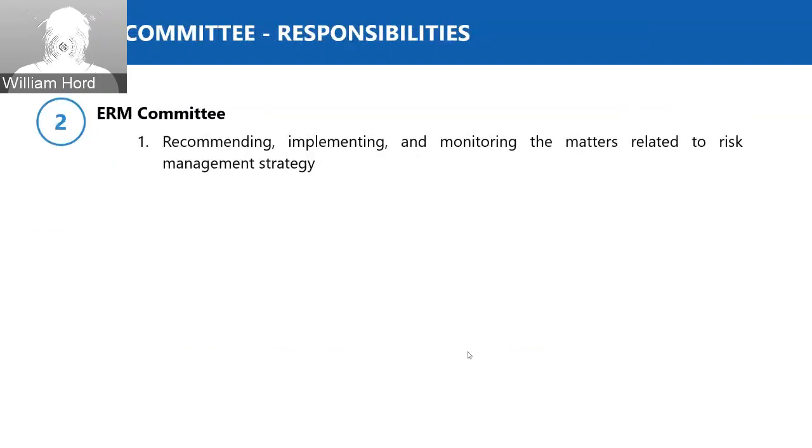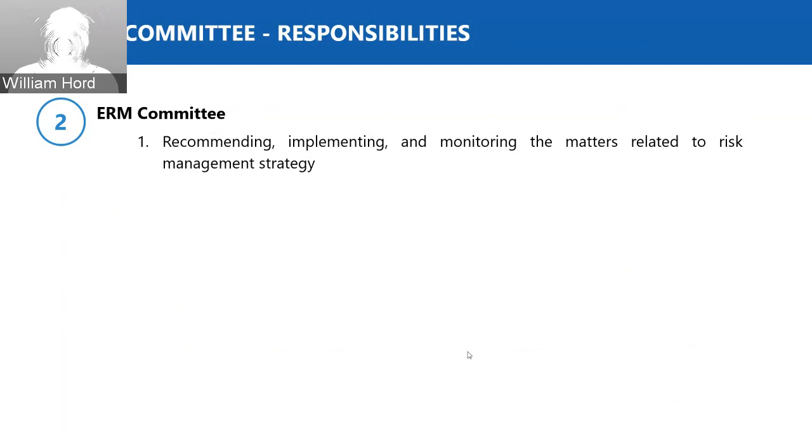Overall, when you start to look at ERM committee, and I'm looking here from the standpoint of really the management level committee, I realize that some of my banking clients also have a board level ERM committee, where the management level ERM committee provides the information that goes up to that board level committee. It gets distilled a little further before it goes to the board.